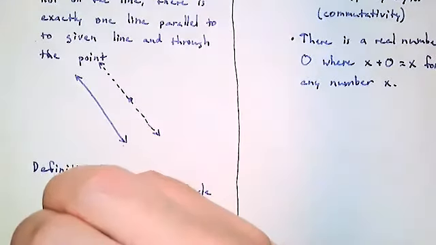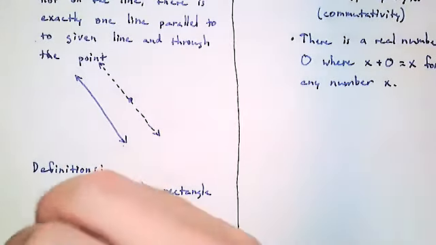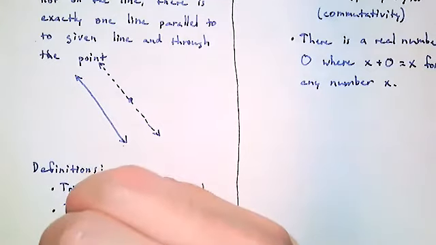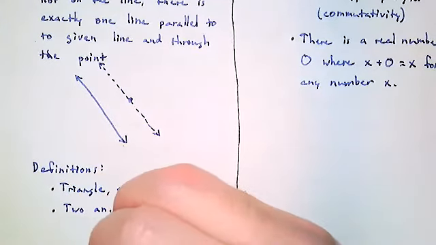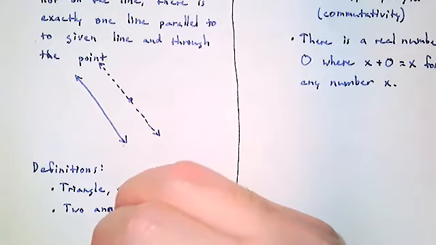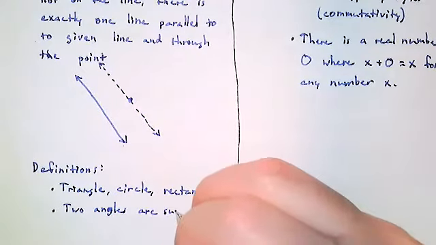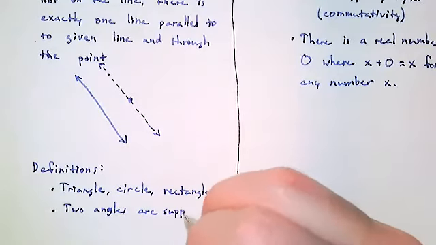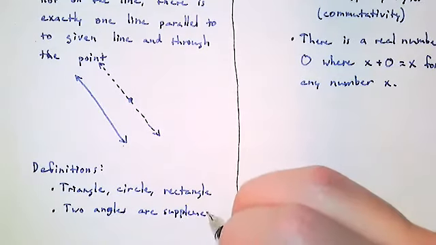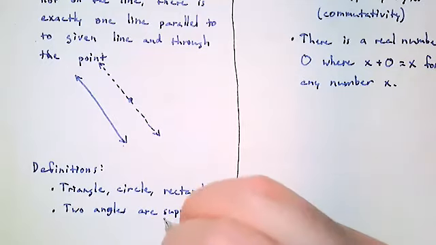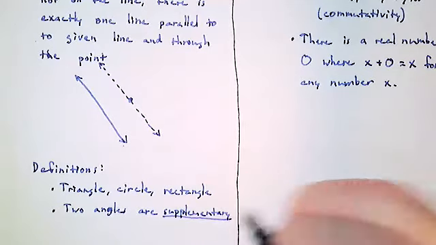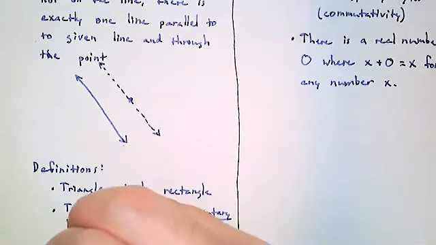And you might have some definitions involving angles, like this one, that says two angles are supplementary if their measures sum to 180 degrees.